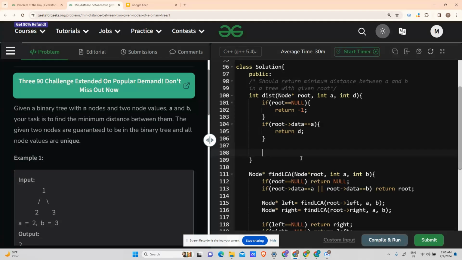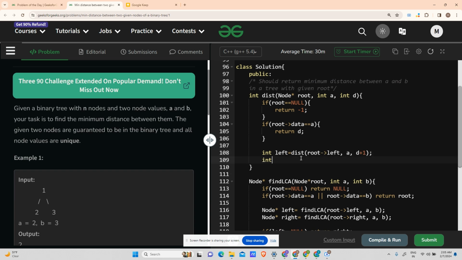So again my int left equals distance of root's left for A. Now d plus 1 here because we are moving down, so int right equals distance of root's right with A. Again moving down, so increment your d.